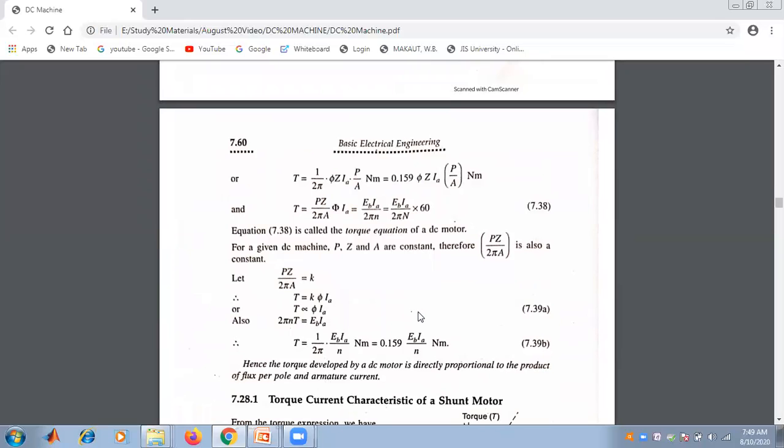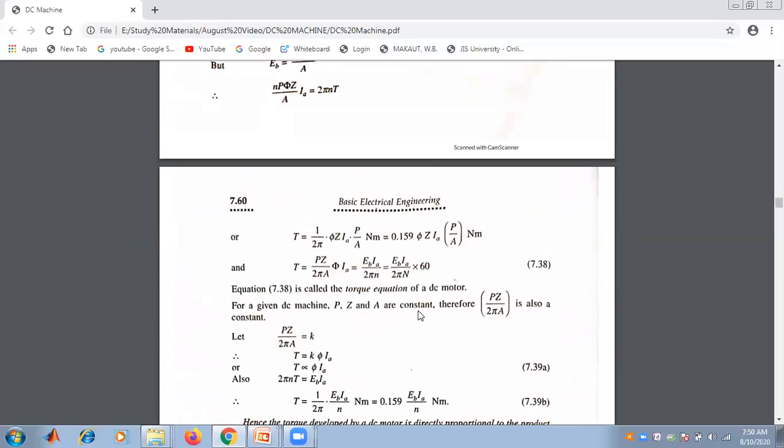For a given DC machine, P, Z and A are all constant. Therefore, P Z by 2 pi A is also a constant, that is known to us.